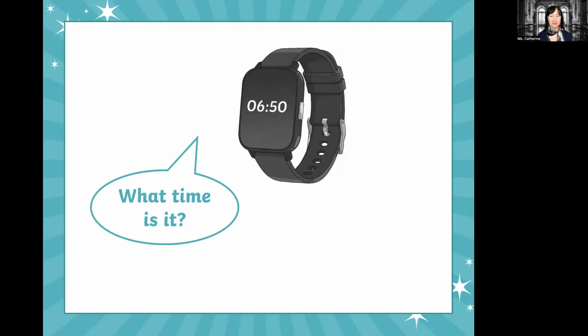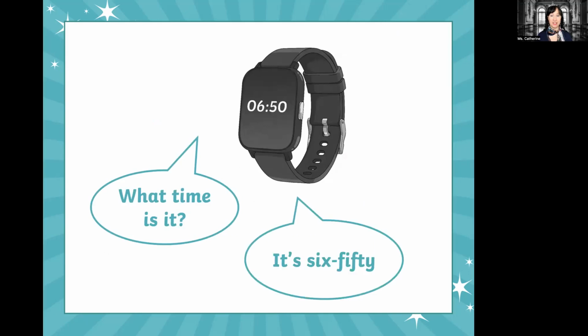Do you remember? It's 6:50. What's another way we can say this? It's 10 minutes to 7. Good job. Do we know it's AM or PM? Nope. What do we have to do? That's right, look outside or ask someone.